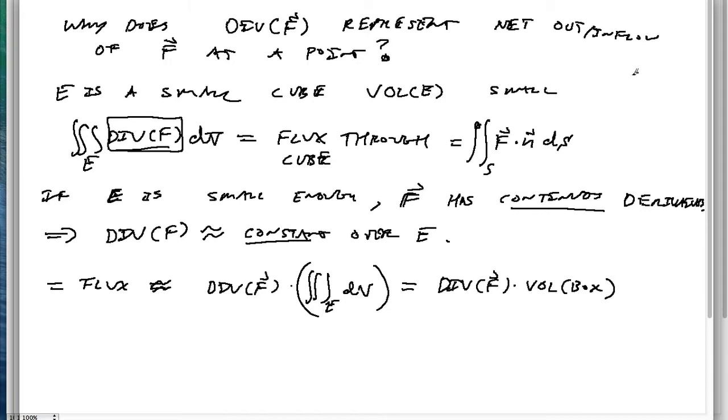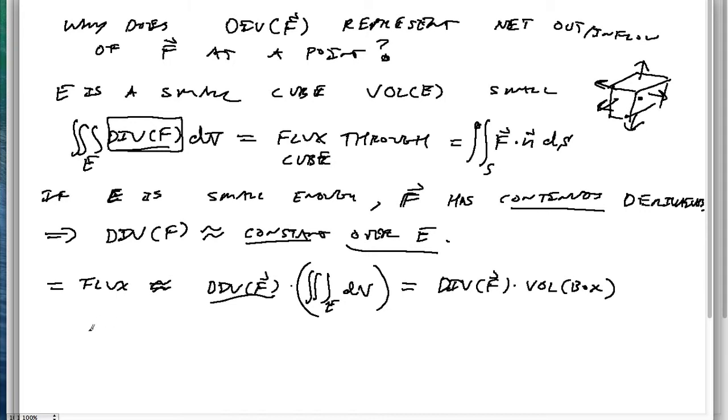Okay. So again, we have this little box centered at some point. We want to know the inflow and outflow of our vector field through that box. And we're going to make this box small enough so that we can bring the divergence outside, because it's basically constant over this small box.